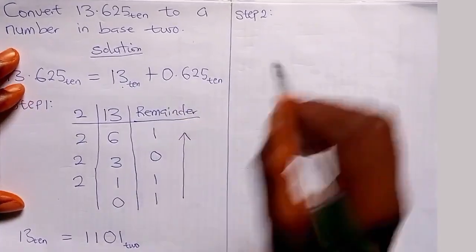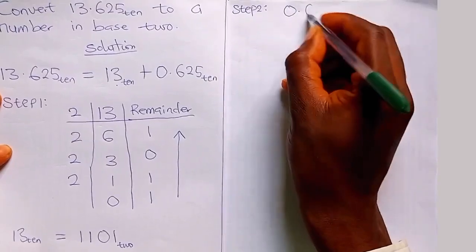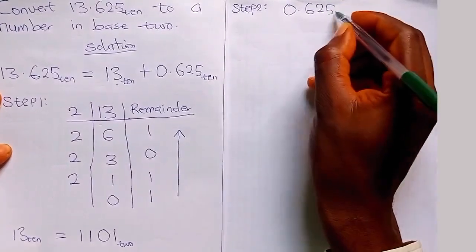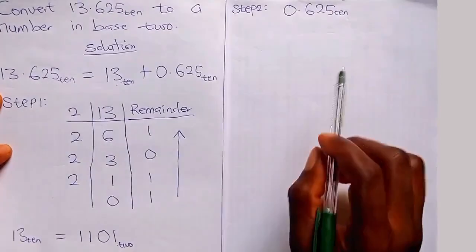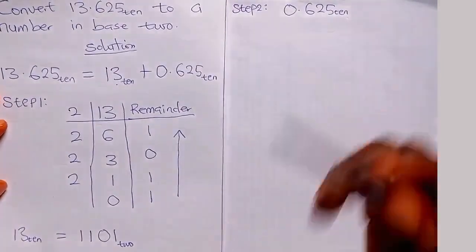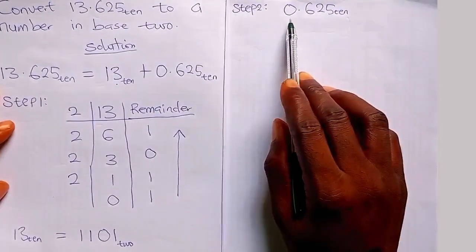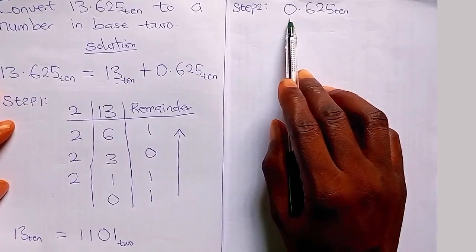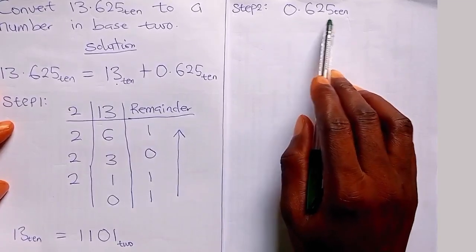Then step 2 is for us to pick the decimal part, which is 0.625 in base 10. Since we are converting to base 2, we are going to use the multiplication method, multiplying 0.625 by 2.